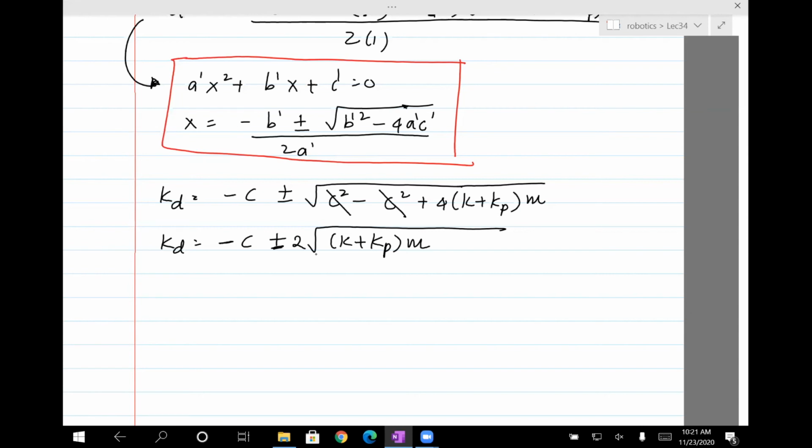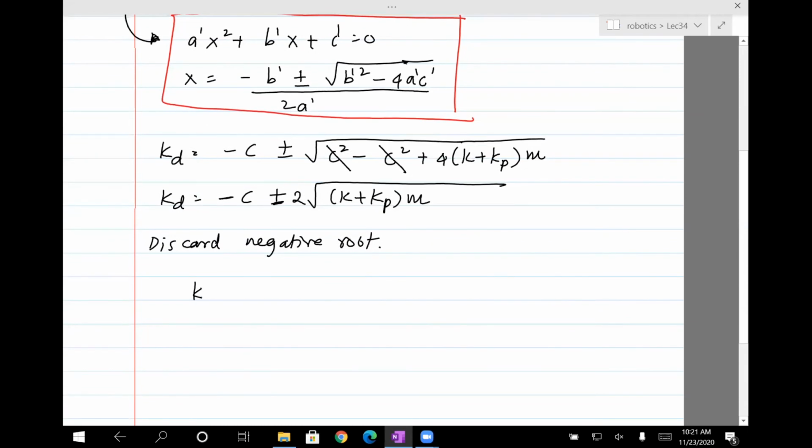So we can discard the negative root. And so we have Kd equals minus C plus 2 times the square root of K plus Kp times M. Okay, so that's the formula.